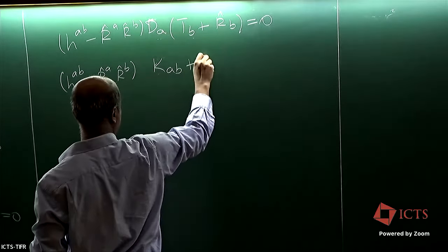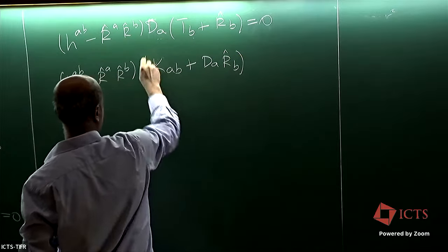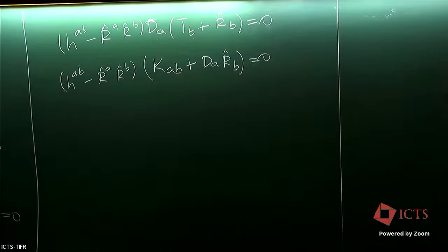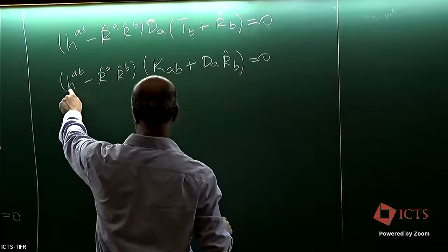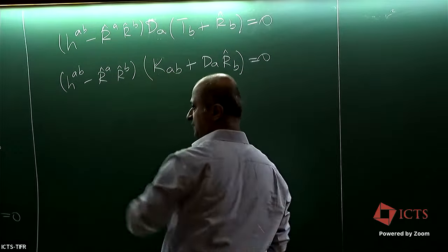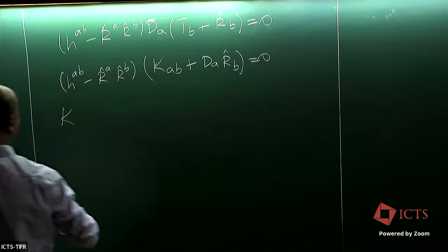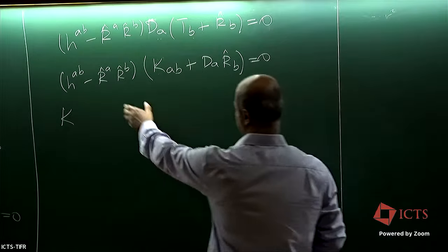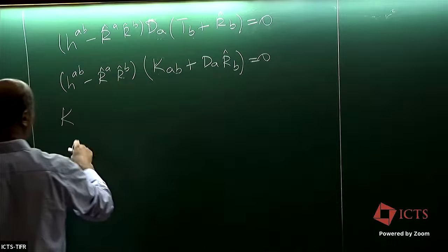Let's keep that as it is. Zero. Then when this h hits the K, that is just the trace of the extrinsic curvature. That is simply K. Then when r hat A, r hat B hits this, it is just one component of K.